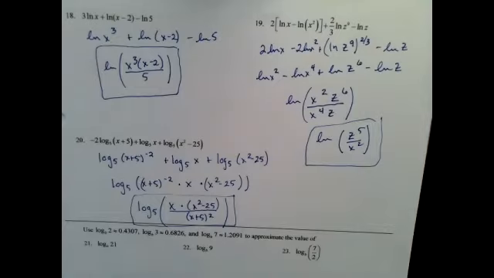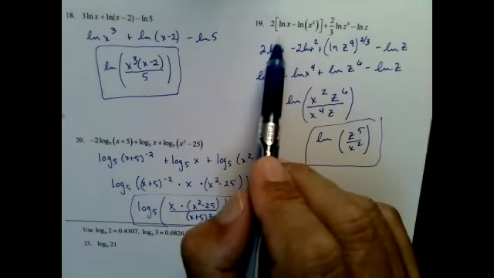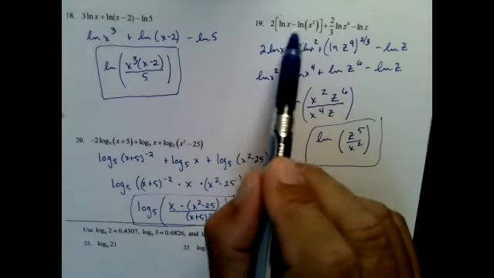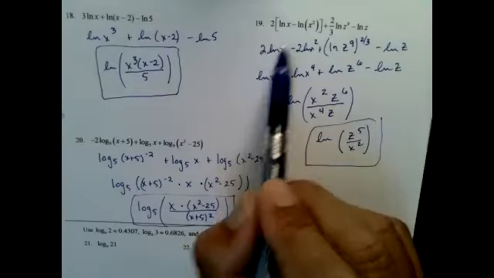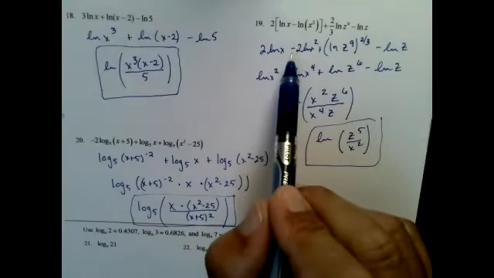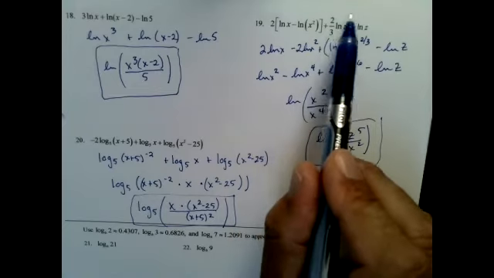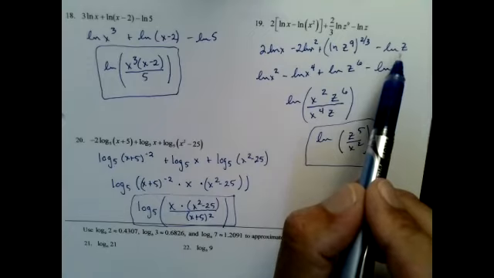Now the next two get a little harder, but let's see. This is not 2 times a log, it's 2 times a difference in here. So the first thing I did was I distributed the 2. I came over here and took the 2/3 power up, and minus natural log of z.